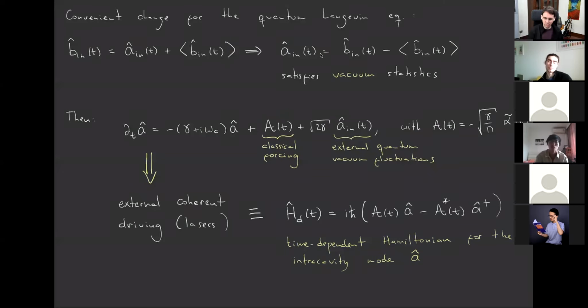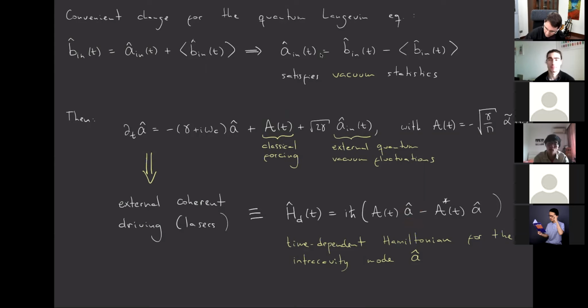So this is very important because what I am saying is that you have two alternative descriptions. Either you assume that the external modes are in a coherent state, which is a bit annoying because this is a description that depends on external field operators and you want to work with internal field operators, but that's completely equivalent to just assuming that when you send a laser inside the cavity, what you are doing is including a new Hamiltonian in the system, so in the cavity, so it depends on cavity operators.